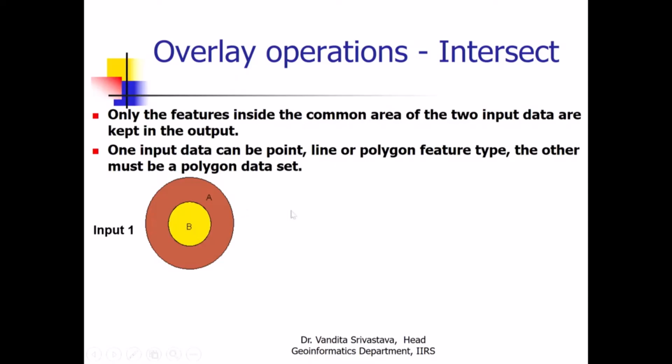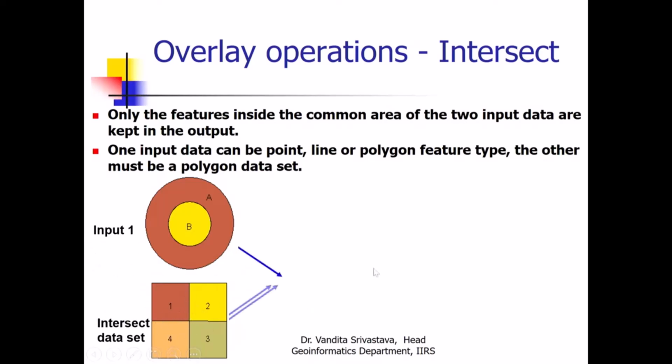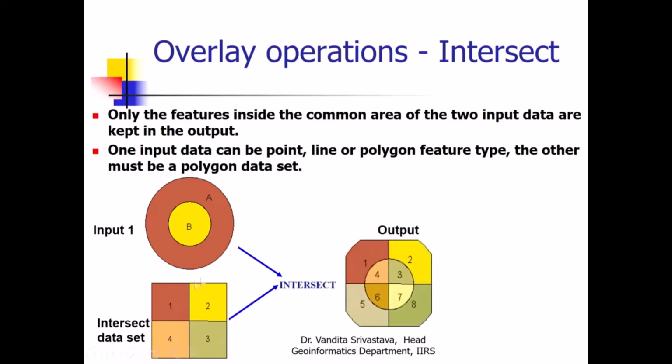So if this is map A, the input map, and this is the intersect map, we call it the operation layer, then this is how intersection works. This is a kind of mutually exclusive operation wherein even if you exchange them, so for example you make this the input and this the intersect, the output will not change because only the common area of both is taken.